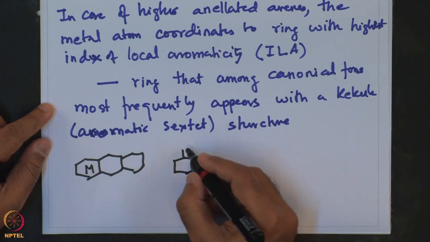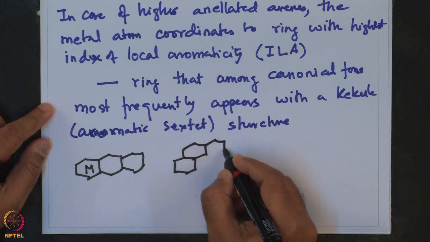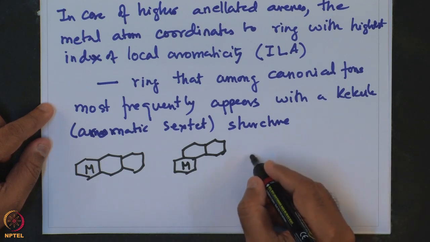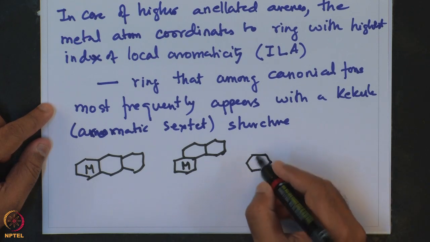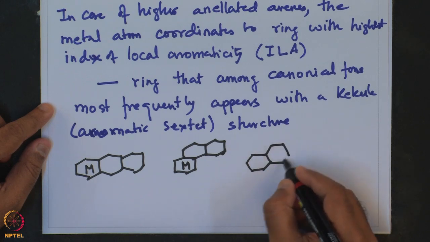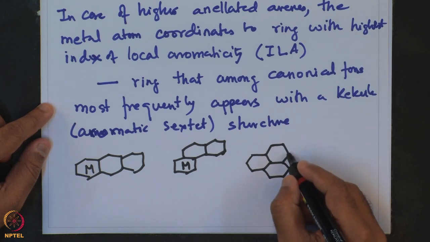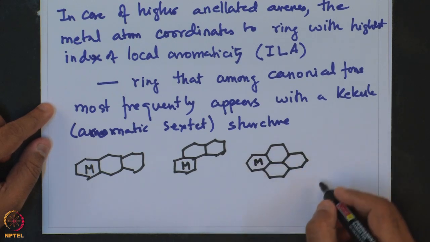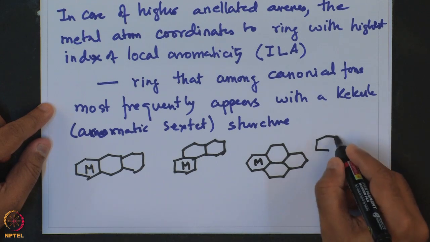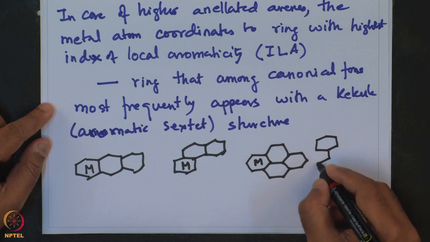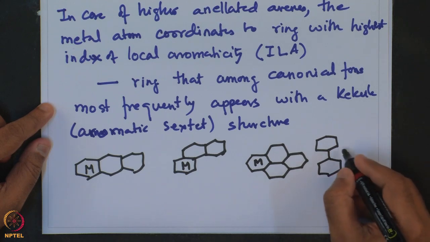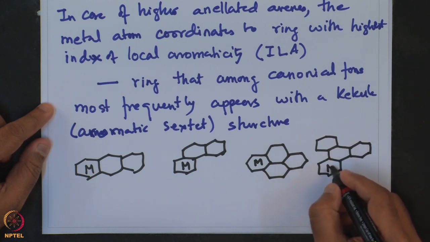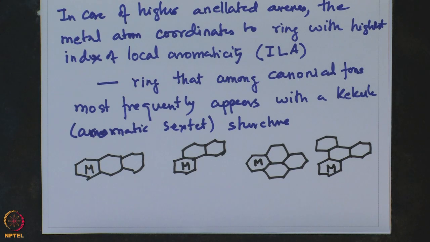Similarly, for structures like this, the metal would bind to the first side one, or when the structure is like 4 rings like this, the metal would bind to this one, and if it is something like this, the metal would bind to this one.